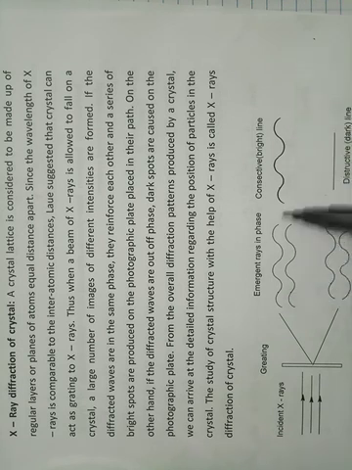So the emerging rays which are in phase with each other produce bright spots on the photographic film.